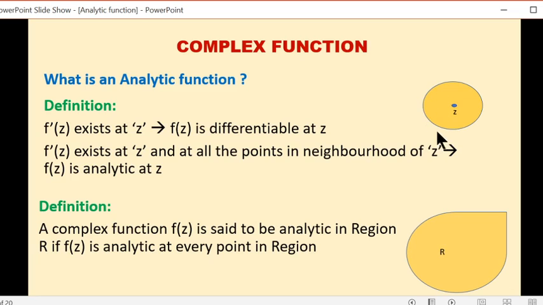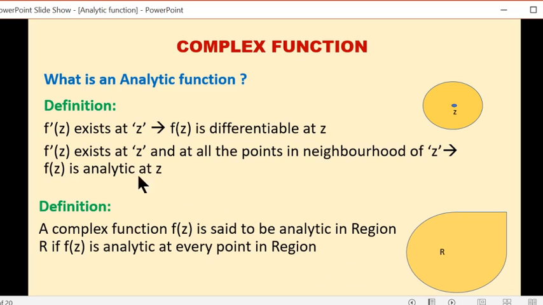If you want to check at any other point, then वो point को center लेके उसका neighborhood draw करना पड़ेगा. अभी ये center है z, तो यहाँ पर डेरिवेटिव एग्जिस्ट करता है और इसके आसपास के पॉइंट्स में भी डेरिवेटिव एग्जिस्ट करता है, तो ये पॉइंट पे एनालिटिक है ऐसा बोल सकते हैं. So if we take each and every point in this region and we check and we come to know that the function is analytic at each and every point in this region, then we say that the function is analytic in this region.